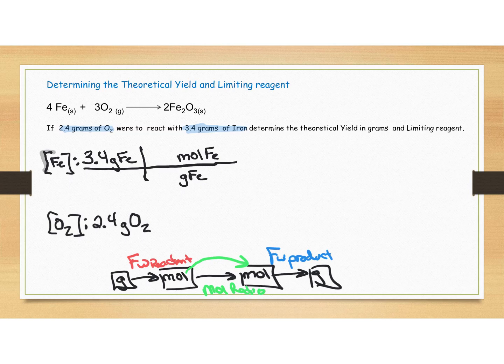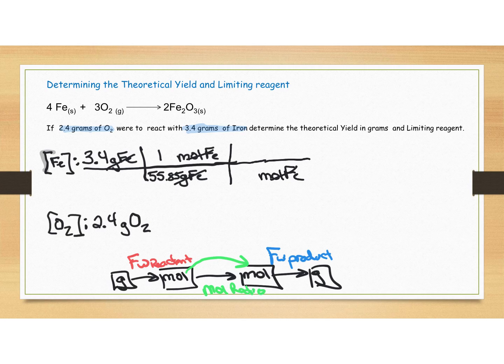So 1 mole of iron from the periodic table is equal to 55.85 grams. My next step, then, since moles of iron is in the top, I'm going to put moles of iron in the bottom. Dimensional analysis. Why? Because I want them to cancel out.